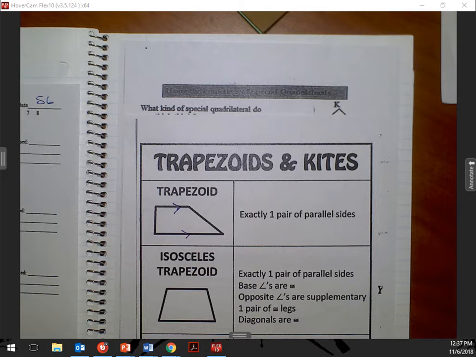All four angles on the inside add up to 360. So, did you guys write that down? No. Probably not, because I only had one person say it. All four angles in this add up to 360.